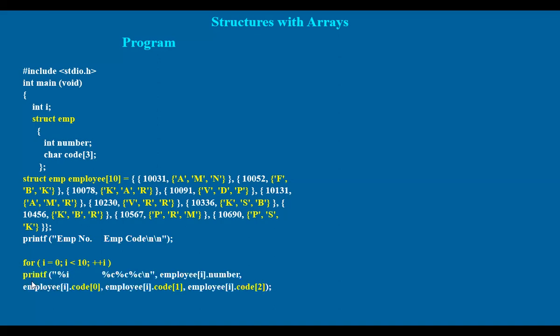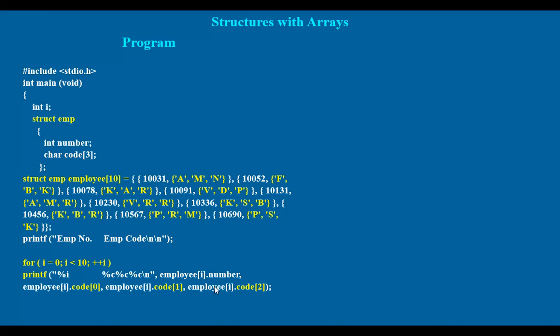So inside, we are writing a printf statement to give the values here. That is employee 0 to start with, I equal to 0, employee 0 dot number, that is the first field, employee 0 dot code 0, code 1, code 2: first letter here, second character here, third character here for this code.